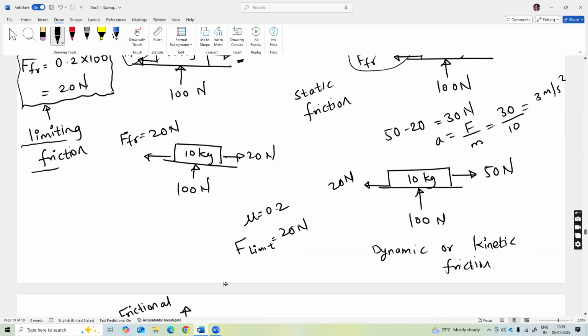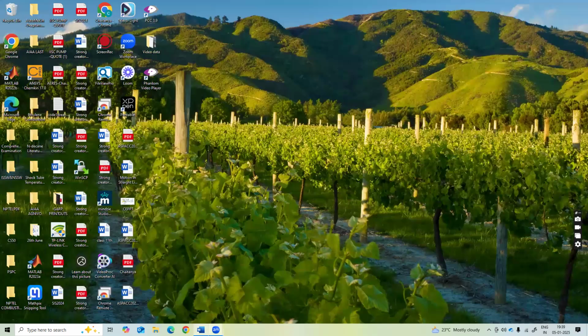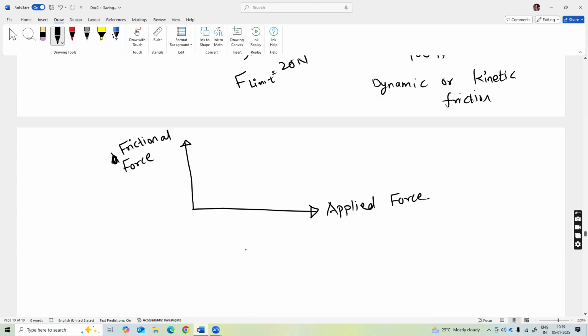Okay, so this continues till the frictional force reaches the limiting force. So let's say in this case, if this was 20 Newton applied force, then the frictional force acting was also 20 Newton.